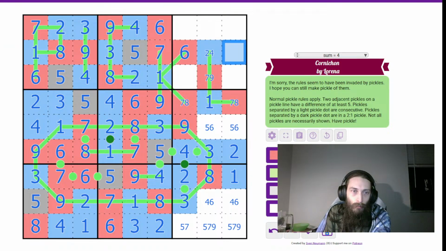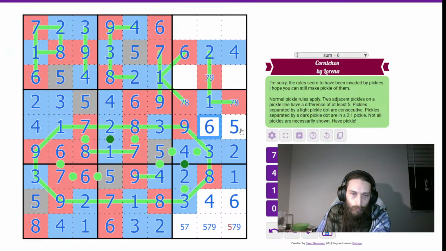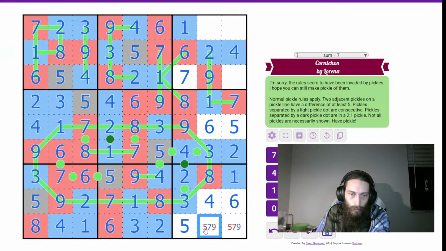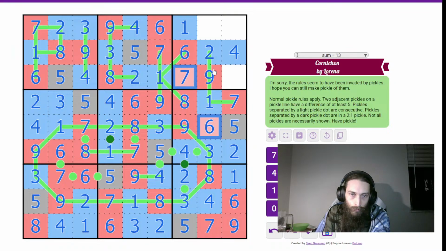This is a blue 2 or 4. 4, 2. 7 still allowed. Column 7 needs a 1. 5, 7, 8. 7, 8, 9, 7, 5, 7, 9. Column 7, 5, 5, 3, 8. 3. Yeah.